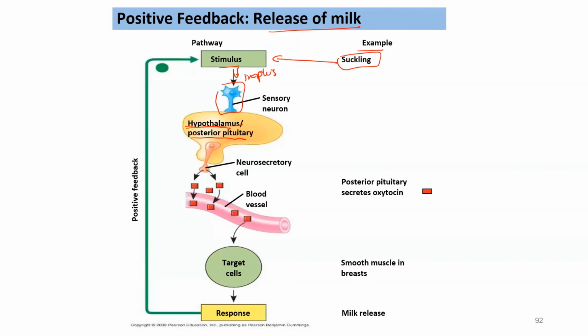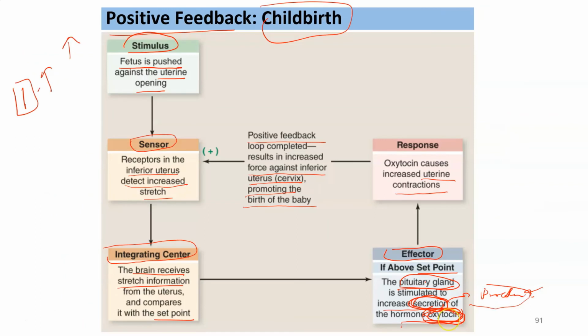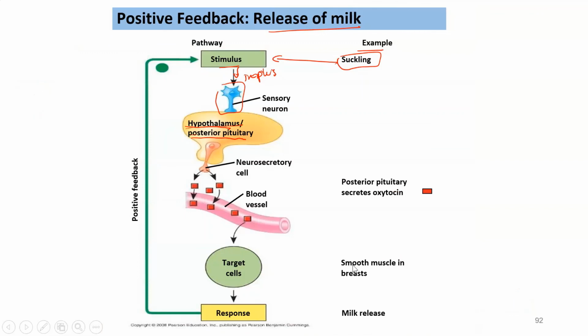Oh, tadi saya salah. Tadi bukan anterior tau. Ni sepatutnya posterior pituitary. Okay, posterior pituitary secretes. Okay, secrete, bukan produce. The information is sent through the hypothalamus to the posterior pituitary to secrete the hormone. The hormone oxytocin travels in the blood until it reaches the target organ, which is the mammary gland.